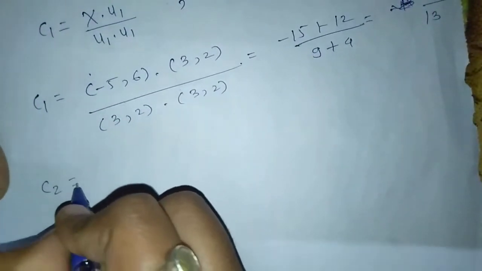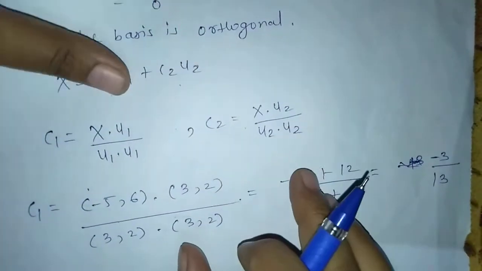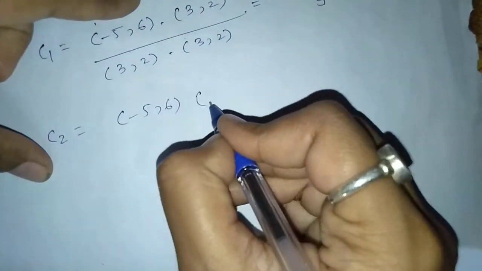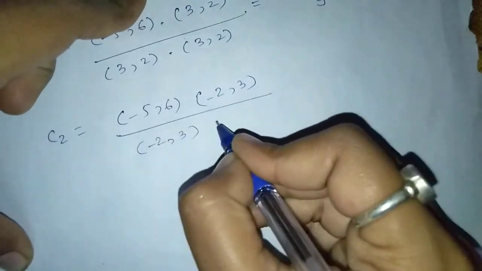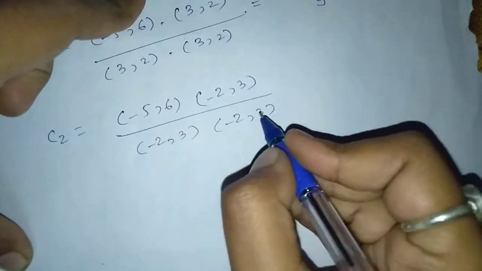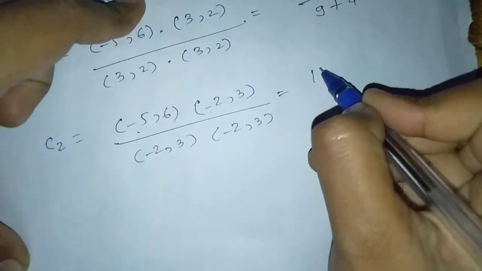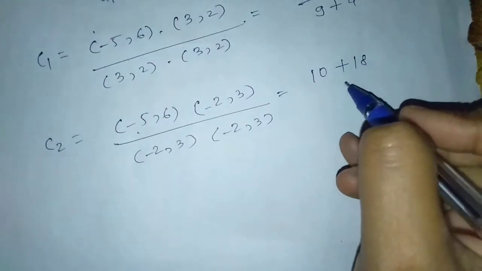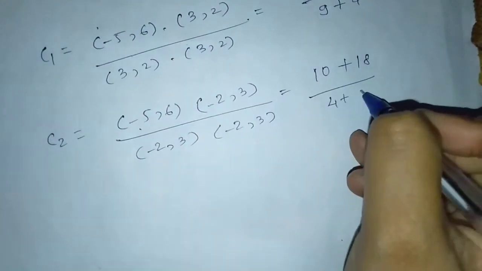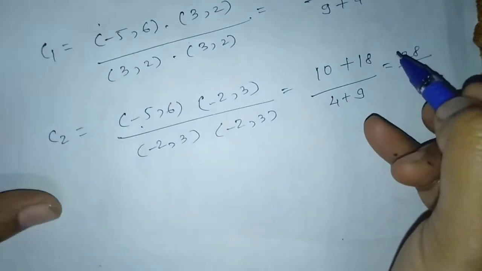Next c2 is equal to x, (-5, 6), dot u2, (-2, 3), upon (-2, 3) dot (-2, 3), is equal to -5 into -2, that is 10, plus 18, upon 4 plus 9, is equal to 28 upon 13.